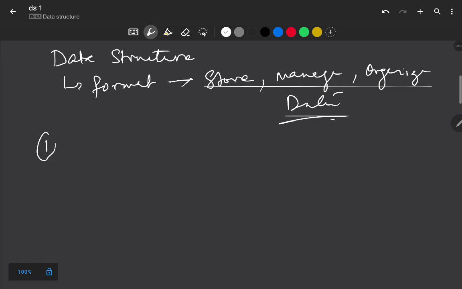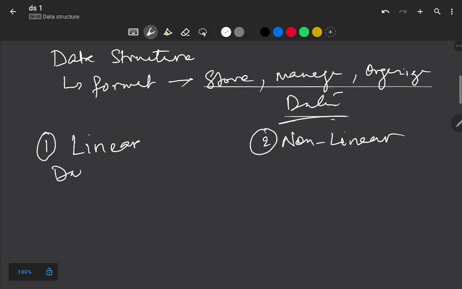The first type is linear, and the second is non-linear. As the name suggests, in linear the data is organized sequentially, and in non-linear it is arranged non-sequentially.